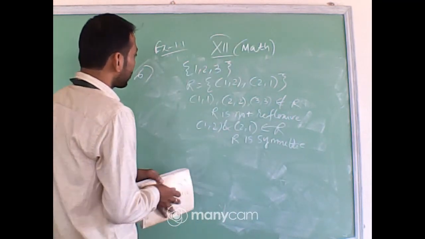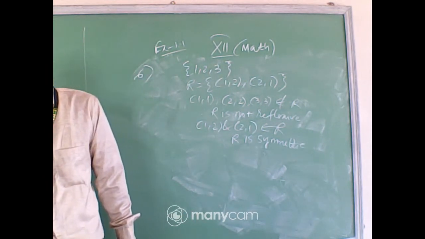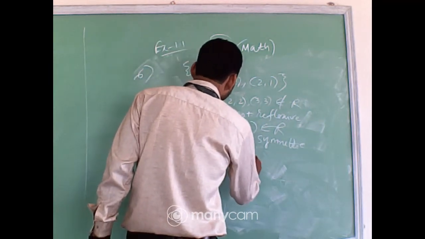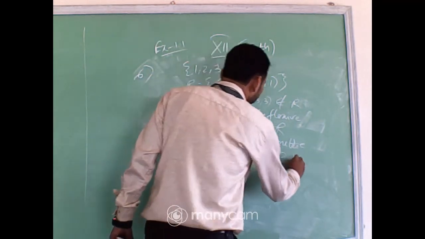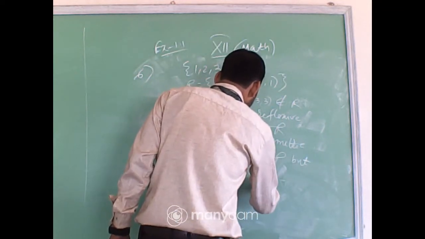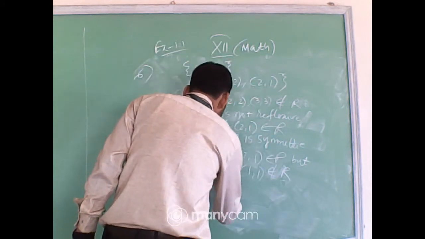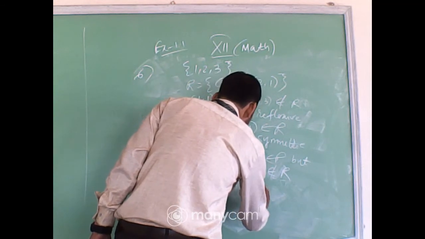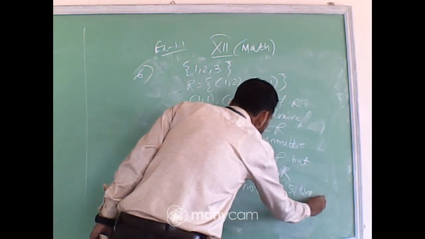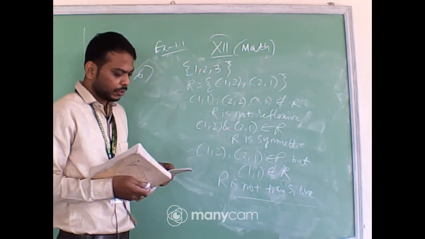Now for transitivity, if you combine (1, 2) and (2, 1), you will get (1, 1). (1, 2) and (2, 1) belong to R, but combining both of them you will get (1, 1), which does not belong to R. So R is not transitive.